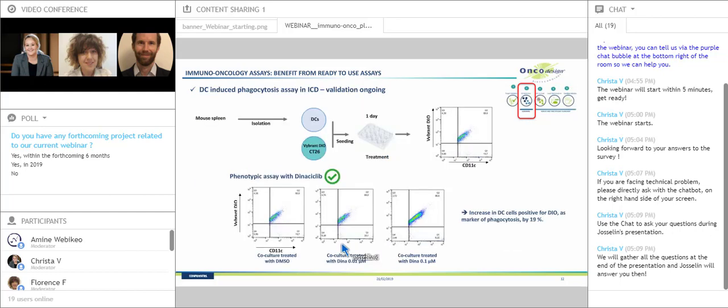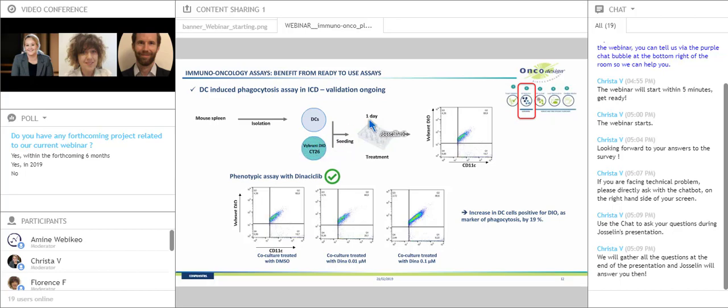We are right now trying to go further by developing a phenotypic ICD assay. This assay is under validation, and the principle is simple. You take spleens from different mice, you isolate dendritic cells from them, and you put them in plates and co-culture them with tumor cells. In this slide it's CT26 cells that were previously loaded with DiO, which is a cell tracer.